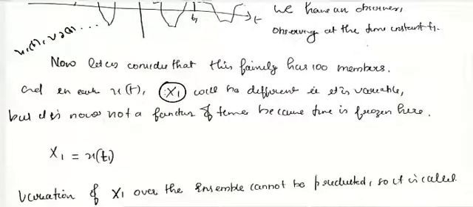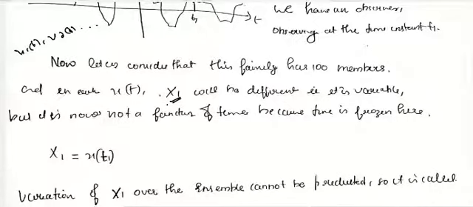So, as you can see, in x1 of t, this variable x1 will have a certain value. In x2 of t, at time instant t1, this x1 will not have a value similar to that in x1 of t, right. So, this is now not a function of time, because time is frozen here.